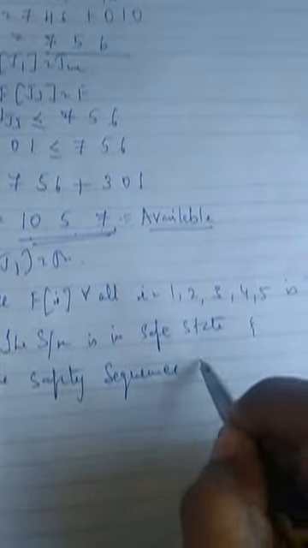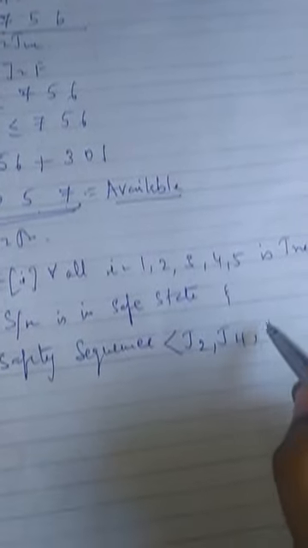It is written within the angular bracket. So whatever you had written in the corner there, you write that: J2, J4, J5, J1 and J3. So this is the safety sequence. This is very, very important.